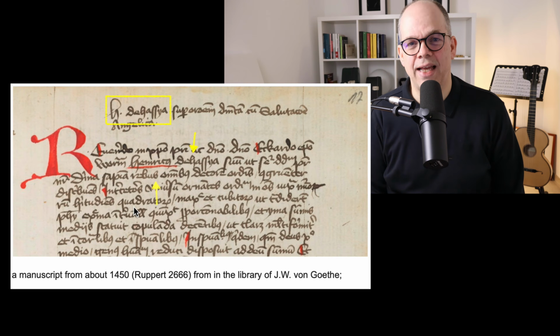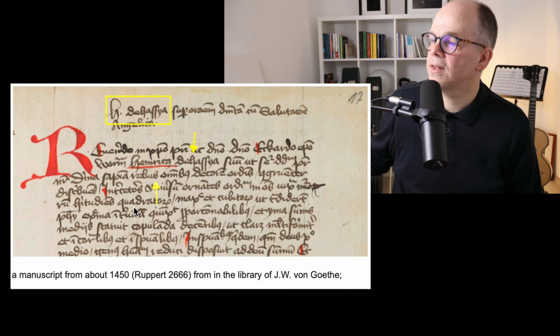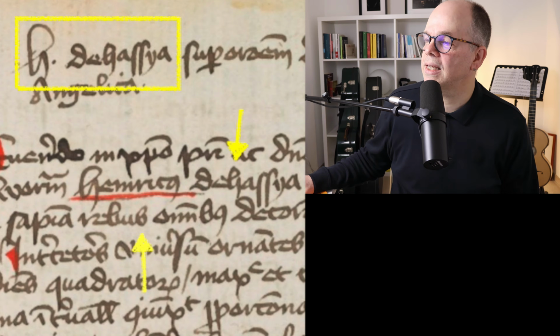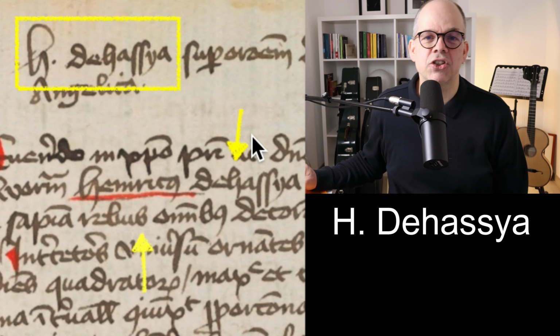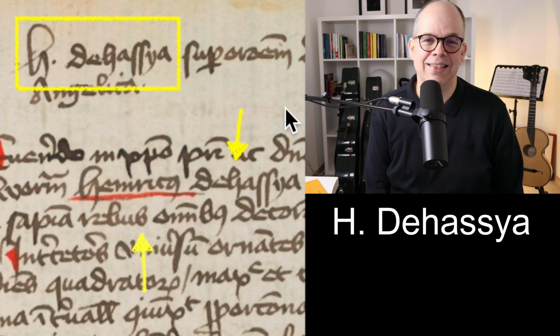So I looked in a manuscript that has been found in the library of Johann Wolfgang von Goethe, which is a text written in 1440. And here you see clearly that the H had that aspect. So the name that you see in this square is H. Heinrich de Hassia.